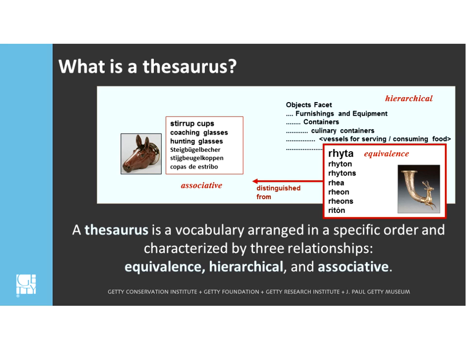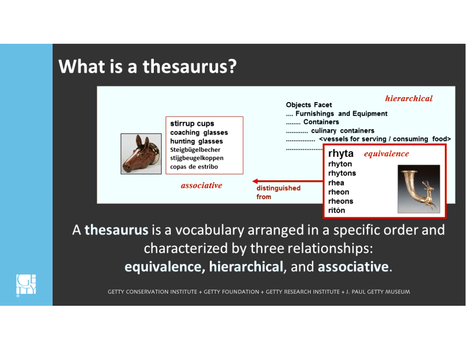So that's the equivalence relationship, which enables, if you're using a controlled vocabulary, you only have to use one of those terms to catalog or index. If you're using the thesaurus, it takes all those terms along with it, so that when users search on any one of those forms, they will retrieve the relevant object.